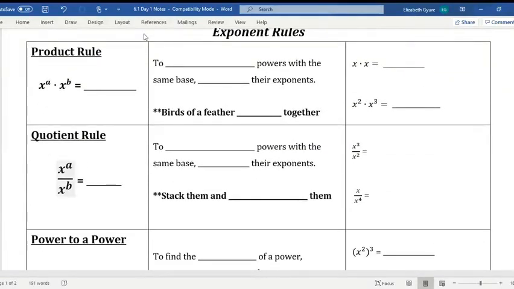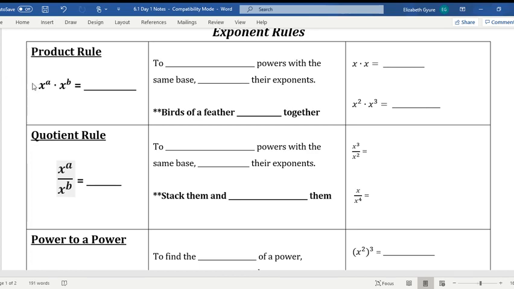All right, so product rule. How your product rule works is if you have x to the a times x to the b, and a and b, guys, are just numbers, 2 and 3, 5 and 7, 4 and 6, doesn't matter. Then what you do is you are going to add your exponents.